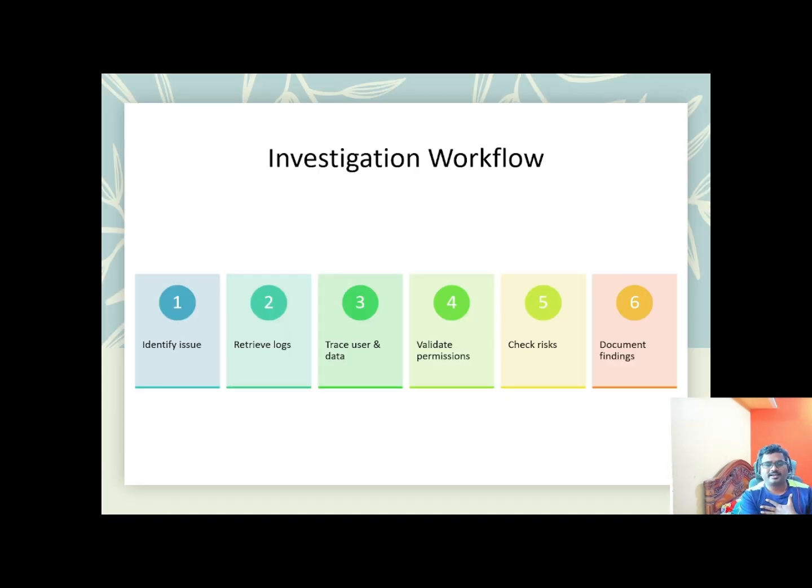If I am the investigator, a legal department person, I first identify the issues. You don't jump into the AI in the first instance. Jump into understanding what the issue itself is.